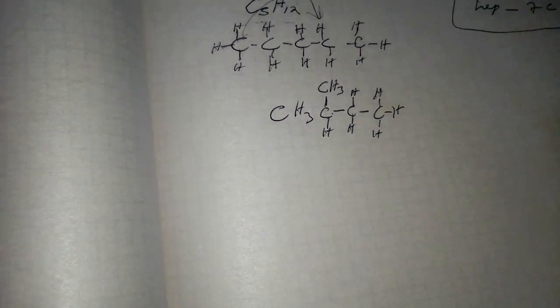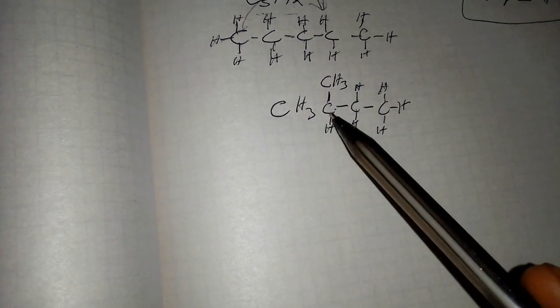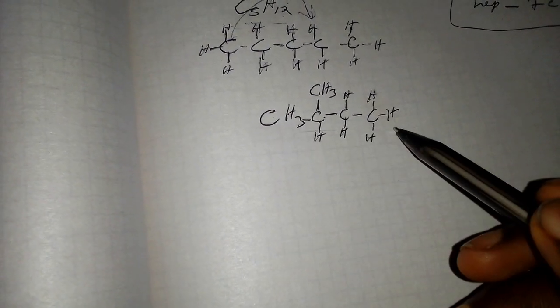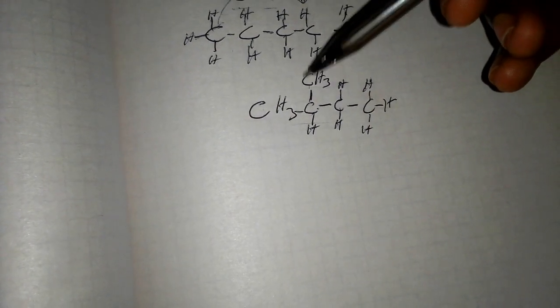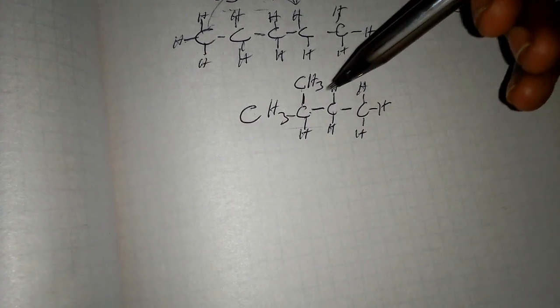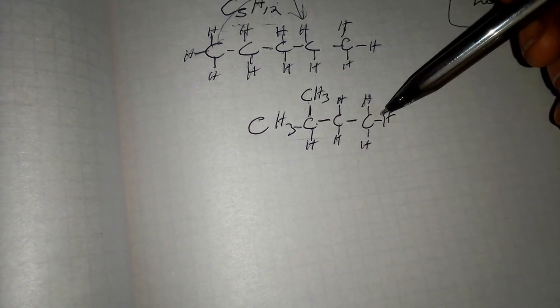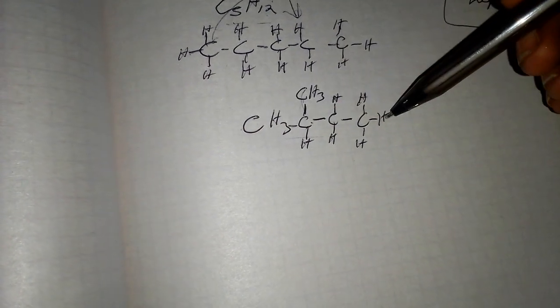But this compound is no longer pentane. This compound is now a butane due to the number of carbon atoms in the straight chain, but now we have a methyl group attached to it. So we name it following the longest chain. The longest chain can come like this, or it can come like this.